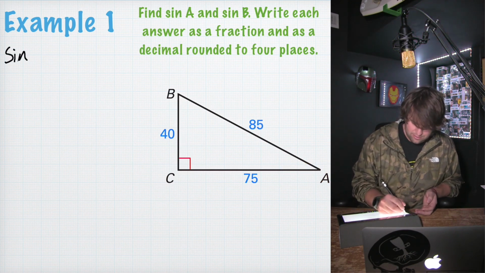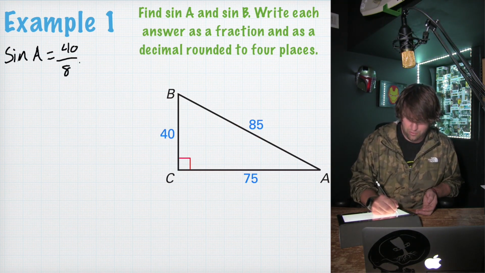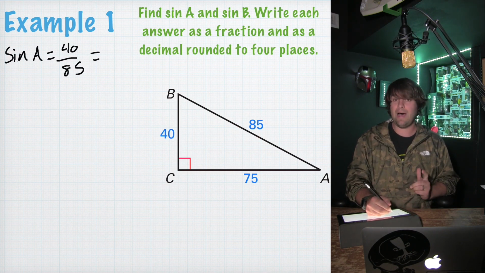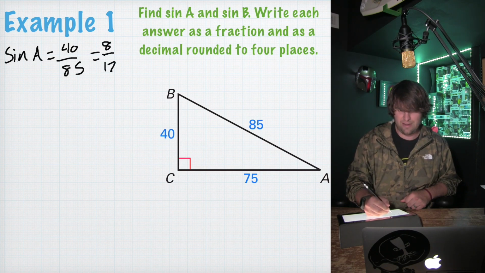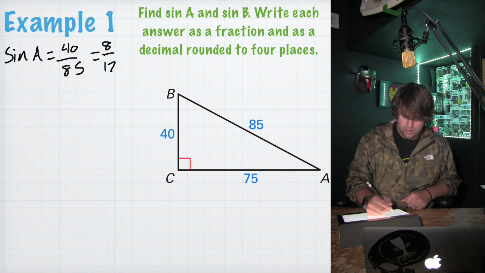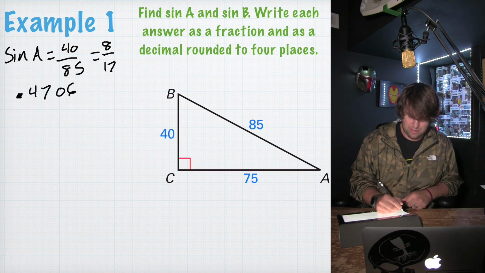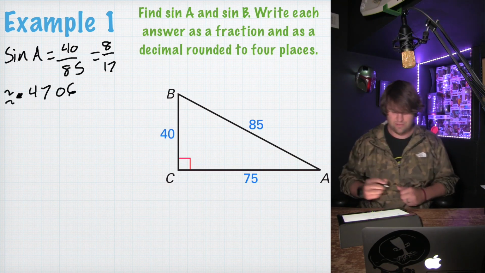So sine A equals 40 over 85, which if we divide top and bottom by 5 is going to equal 8 over 17. As a decimal, that's 0.4706 if we type it in our calculator.